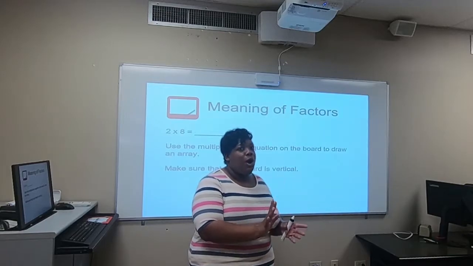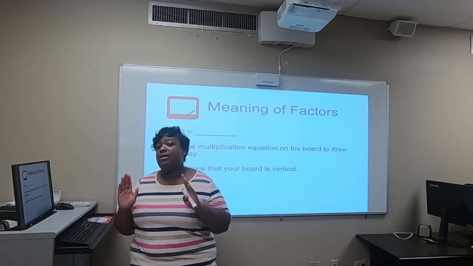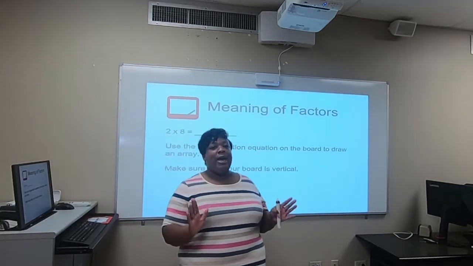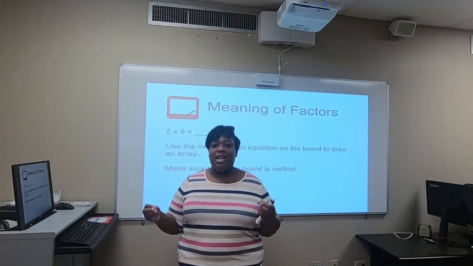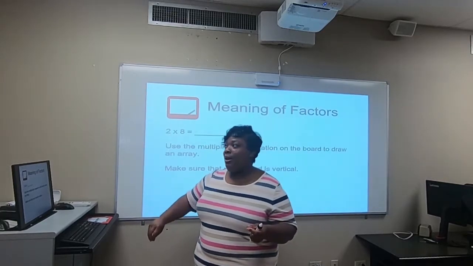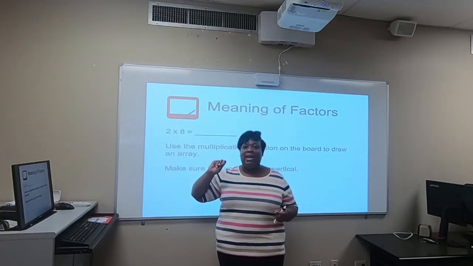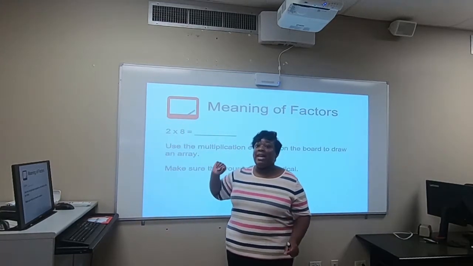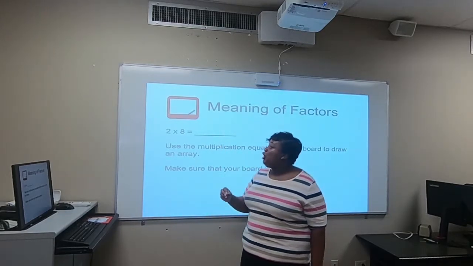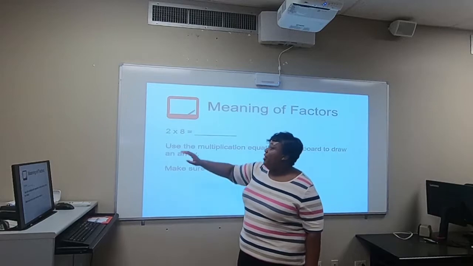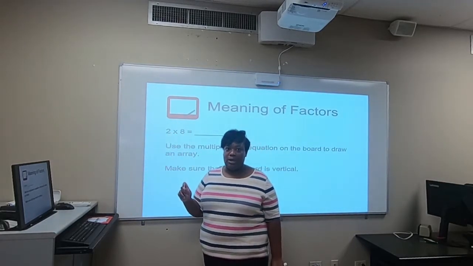Yesterday we used the array to make a multiplication sentence, but today I'm using the multiplication sentence to make an array. And the only way that I can do that is if I understand what each factor means, because these are not just random numbers. That 2 has a meaning and that 8 has a meaning, and when we find the total, it has a meaning also, okay? So when we look at this, the first number is the number of groups, okay?